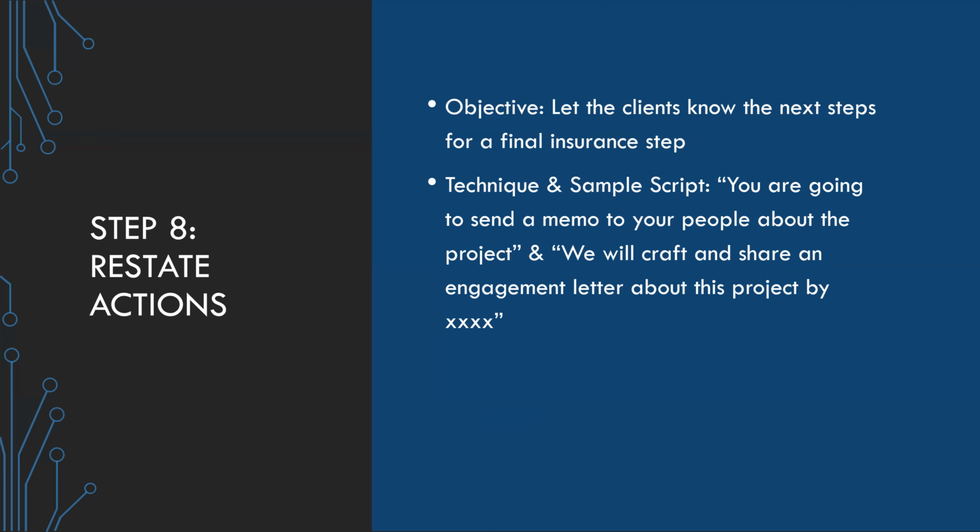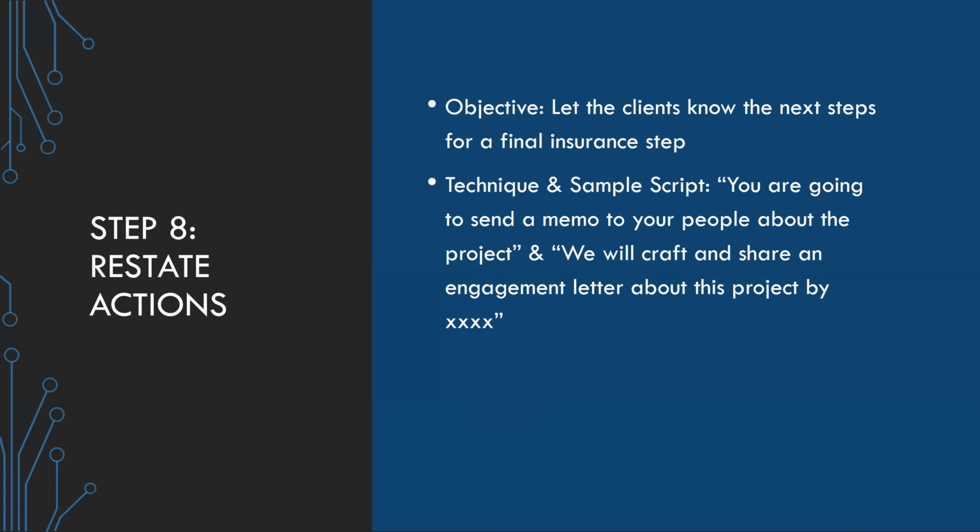And finally, which is perhaps the most important thing, let your client know what the next action items are, right? That way you won't end the whole contract meeting with any confusion. At this point, you really want to ensure your clients know what to expect next. A good sample script would be: you are going to send a memo to your people about the project, and we will craft and share an engagement letter about this project by this time.